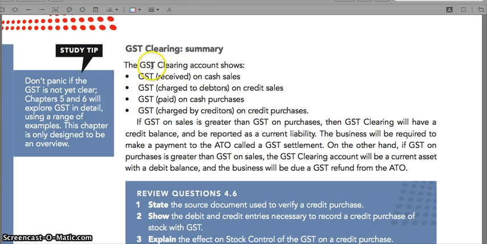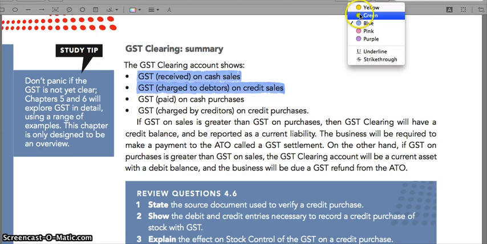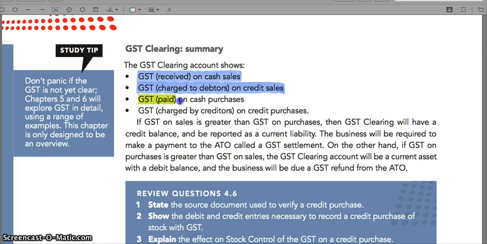The GST clearing account shows these four things: GST received on cash sales, GST charged to debtors on credit sales, the GST paid on cash purchases, and the GST charged by creditors on credit purchases.